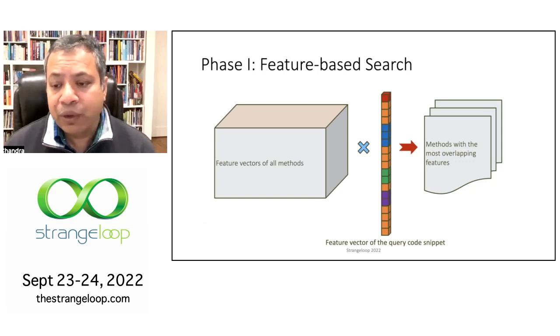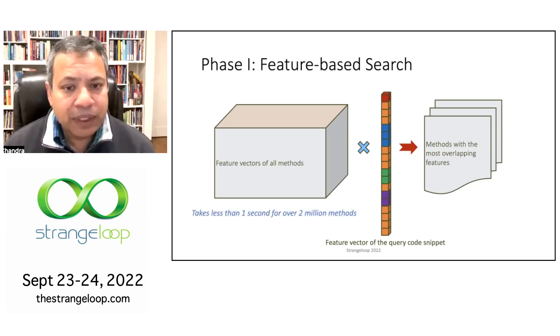And when a query comes along, we are also going to featureize it with the same kind of featureization. And then we are going to use a very fast lookup mechanism that tells us which methods in this database have the most overlapping features given the feature vector of the query code snippet.